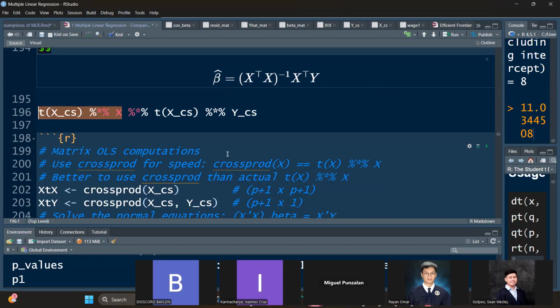So quick question, class, how do you get the inverse in R? Because we have to get the inverse. Kindly take a look, class, Google, give me the function. How do you get the inverse, class, in R? Because we need to get this. Kindly check, please.